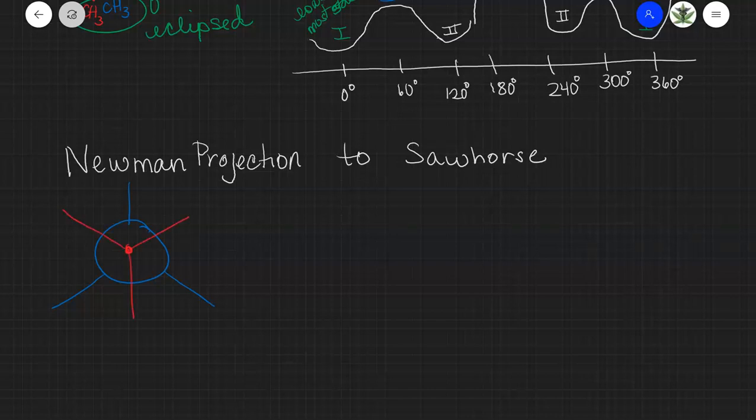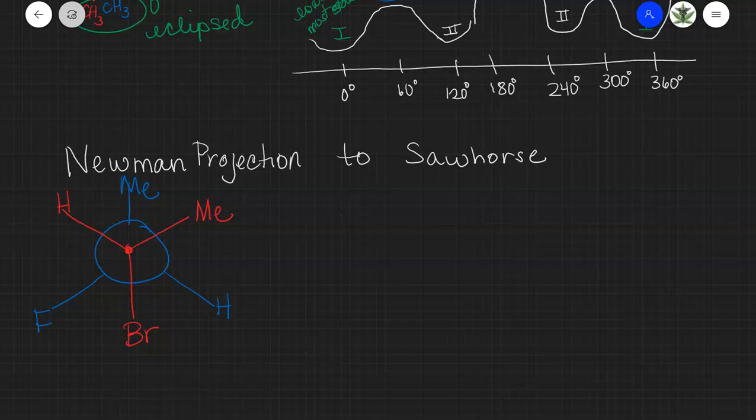So drawing our Newman projection at staggered conformation. And let's go ahead and add some substituents. So I'm going to put Me for methyl. I'm going to use a bromine here. Again, I'm going to use Me for methyl. So here's our example of a Newman projection.